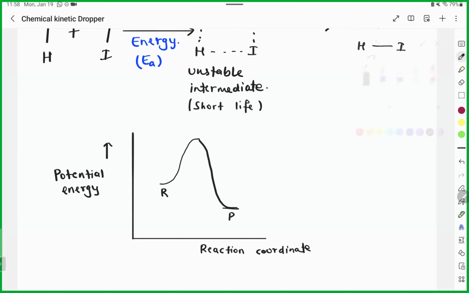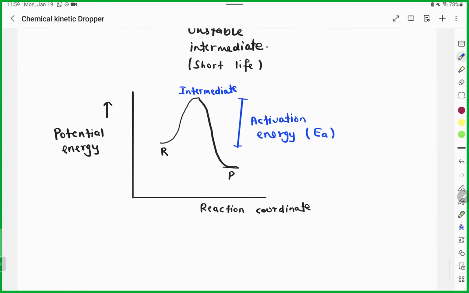Okay. So the amount of energy required, you already did this in the biomolecules chapter. The amount of energy required to form this intermediate, which is unstable, that's why high energy, this energy will be the activation energy. So if you see this activation energy from the reactant to the intermediate, Chandana, what are the factors that affect the enthalpy involved?